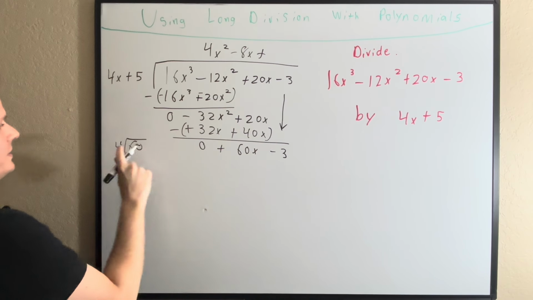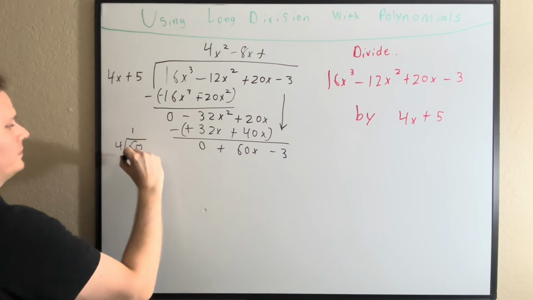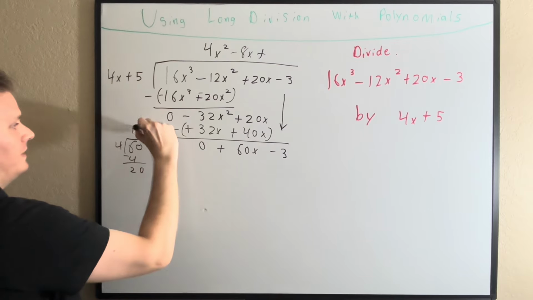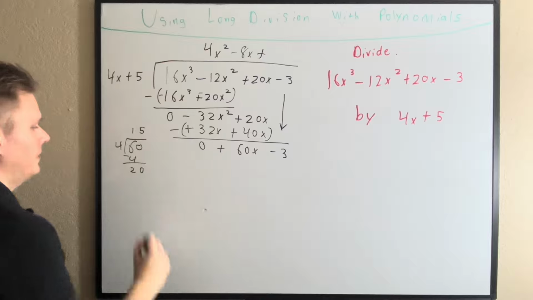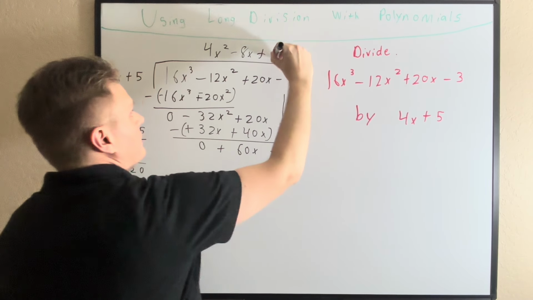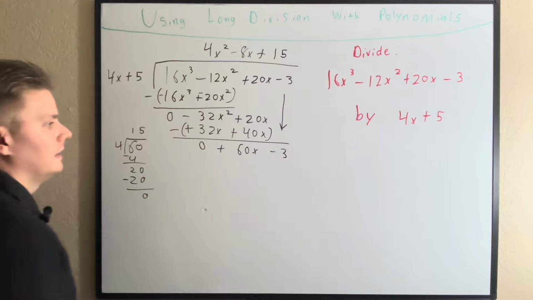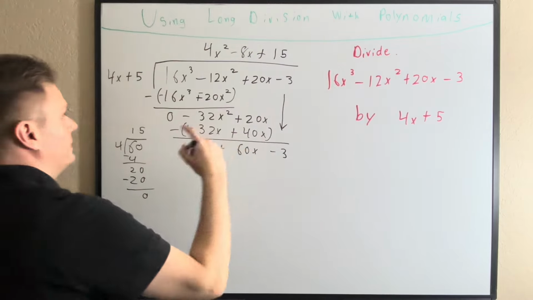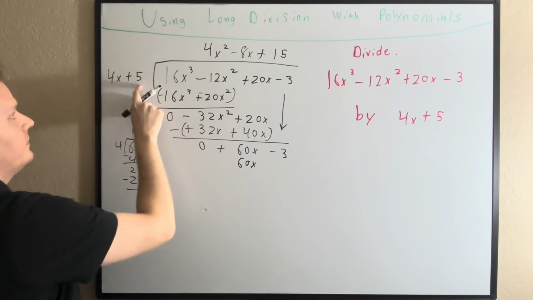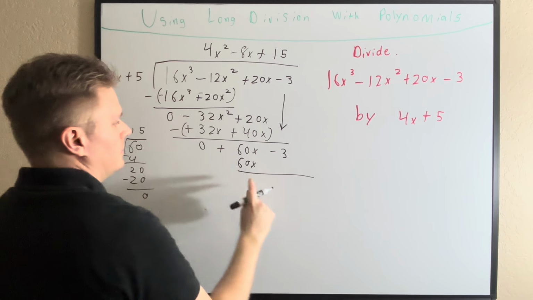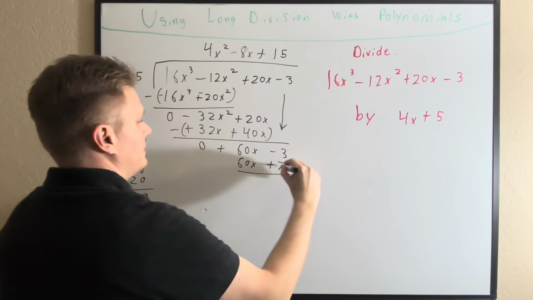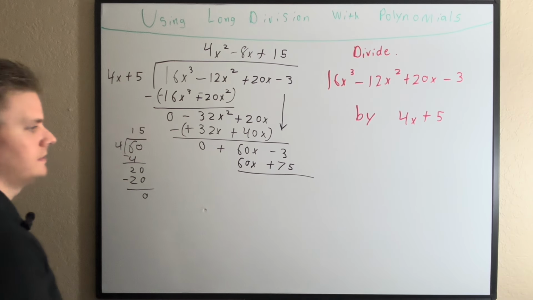Let's do a little long division here just to make sure. 4 goes into 6 one time. 4 goes into 20 5 times. Yeah, 15. Okay. 15 times 4 is 60, apparently. And 15 times 5 would be 60 plus 15, which is 75. Eesh.